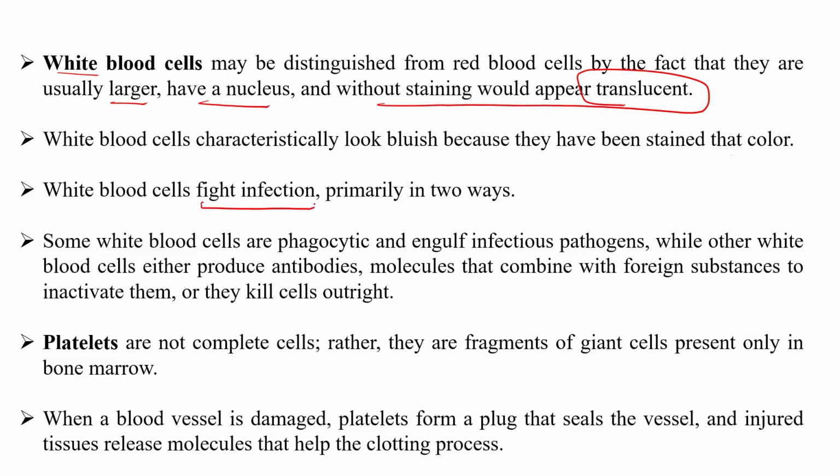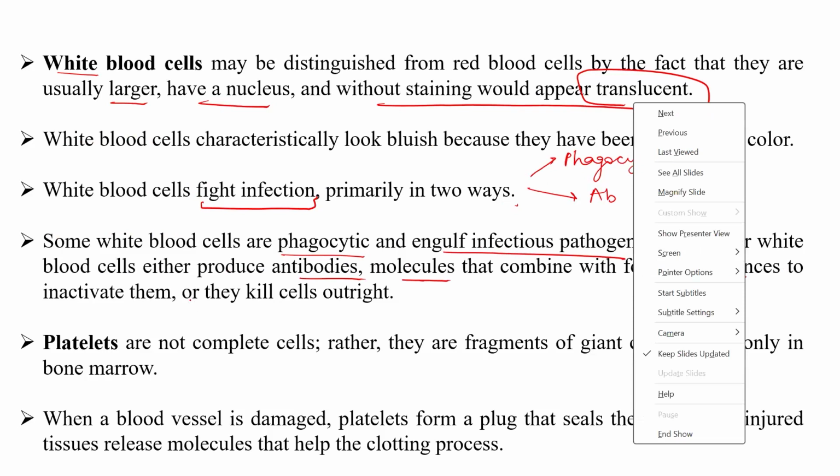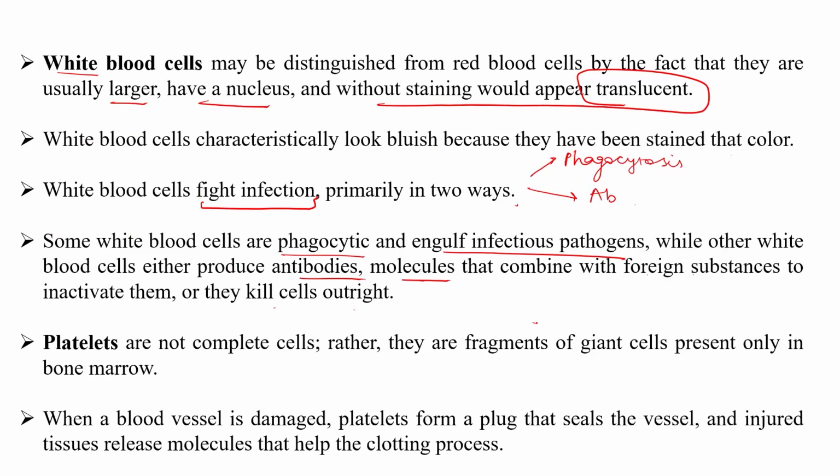They help in fighting against the infection, usually in two ways, either by phagocytosis, that is by engulfing, or by the production of antibodies. Some white blood cells are phagocytic in nature and engulf the infectious pathogens, while other cells either produce antibodies, molecules that combine with the foreign substance to inactivate them, or kill cells outright.